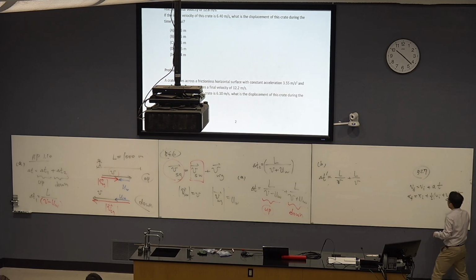The third equation is x final equals x initial plus V initial times time plus 1/2 times A times T squared. The last equation is V final squared equals V initial squared plus 2 times the acceleration times the displacement, x final minus x initial. Those are the 4 kinematic equations in section 7 of chapter 2.